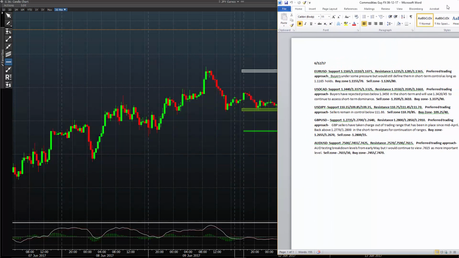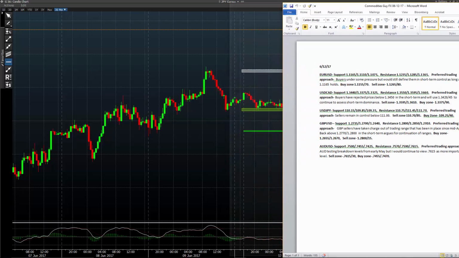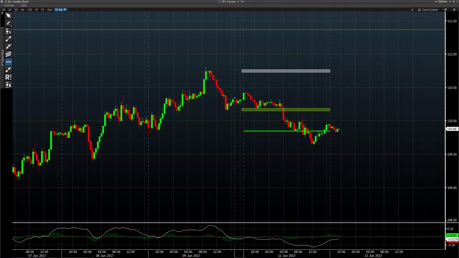So I'm referencing the spreadsheet report from the 12th of June. And what it says is, for dollar yen, it gives three support zones. It gives a support zone at 110.15. And you see all my levels are coming from prior levels, and I do a lot of that in the levels work.